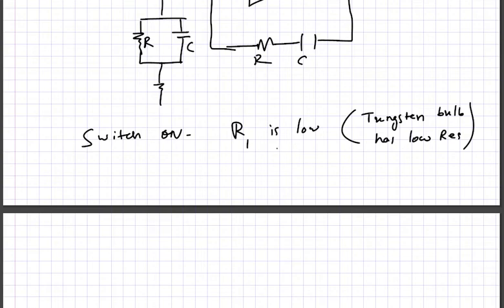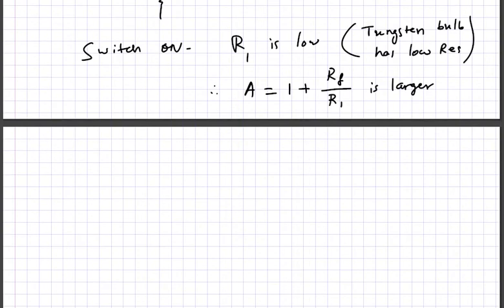R1 is low, therefore A is equal to 1 plus RF by R1, which is large. As I told you before, the signal noise gets amplified. Amplification is high. A is much more than 3.